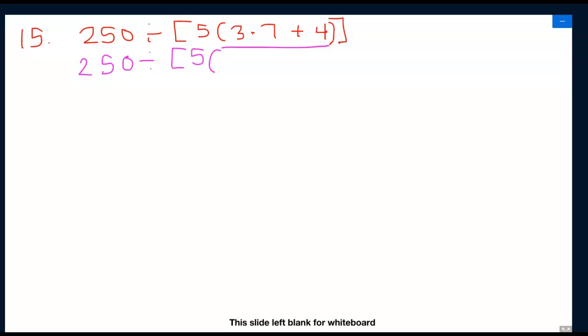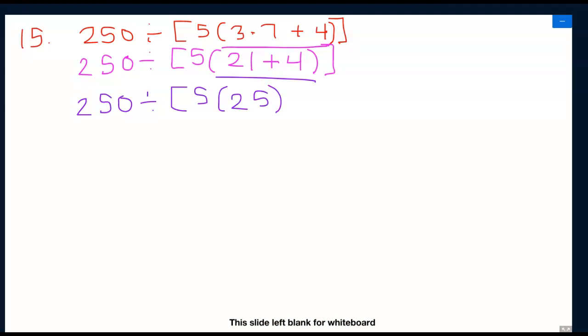Now we're going to do 3 times 7, which is 21, plus 4, close our bracket. So we still haven't finished those inner parentheses. We got to do it one more time. So we have 250 divided by 5, and 21 plus 4 is 25.